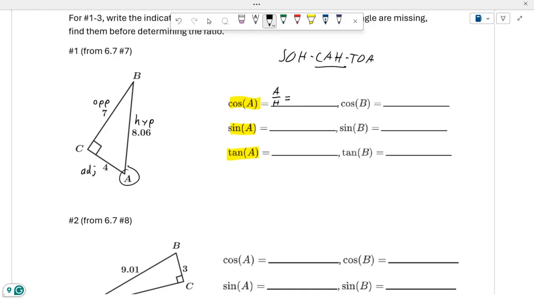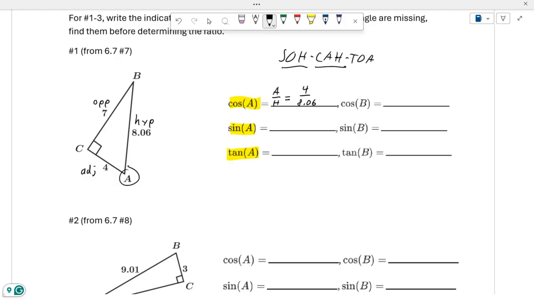That's the definition of cosine in a right triangle. We've already labeled the 4 as my adjacent, and my hypotenuse is 8.06, and that's my answer. That is the ratio of the adjacent side to the hypotenuse for angle A.